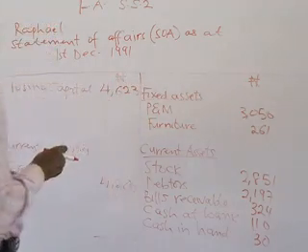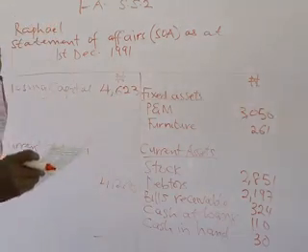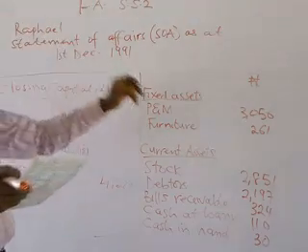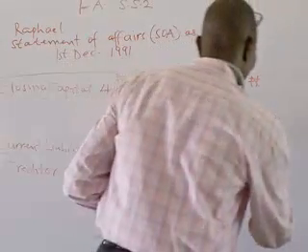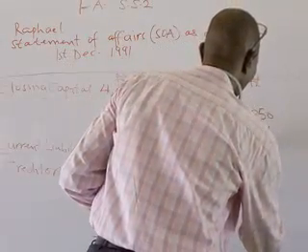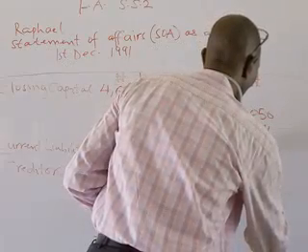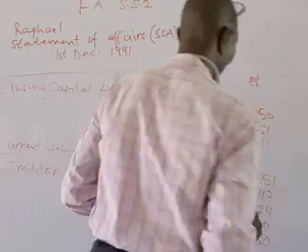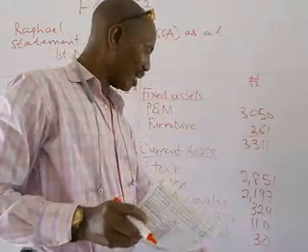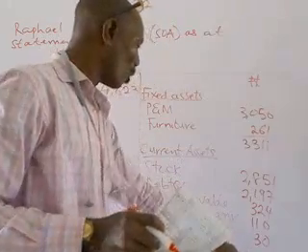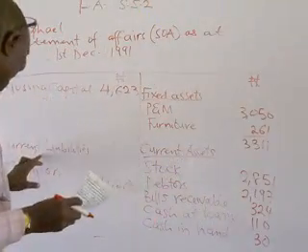So you can see how we derive the closing capital. It's by adding all the assets together. You start with the fixed assets, which is 3,311. Add it to the current assets. Eventually, you have 8,823. Subtract the current liabilities.